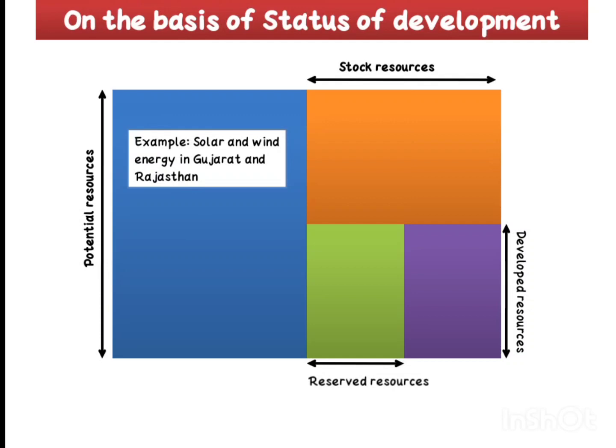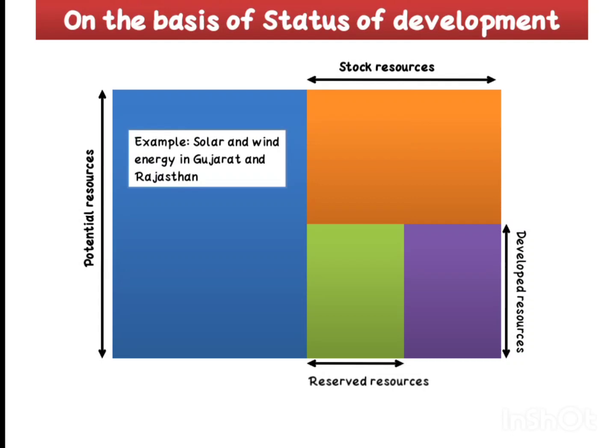That means sun rays have been present on our earth's surface for many years, but only in the last 2 decades are we learning the method of how to use solar energy. Likewise, wind is also a huge energy which can be helpful for us, but only in the last 2 decades has wind energy become useful.